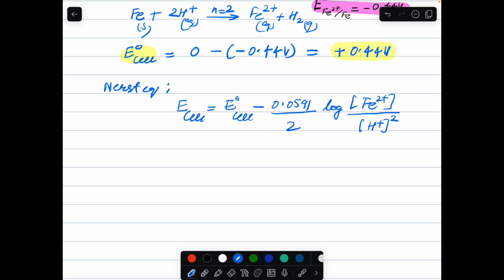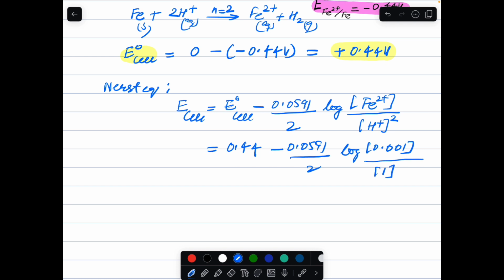We will put down the values here. So it is 0.44 as we calculated minus 0.0591 divided by 2 log of, now we will put down the concentration terms which are given in your question already. So this is 0.001, and in the denominator for the hydrogen electrode, the value is written as 1.